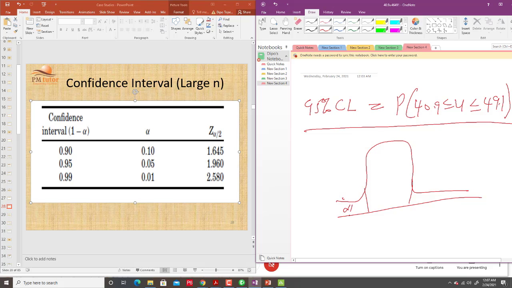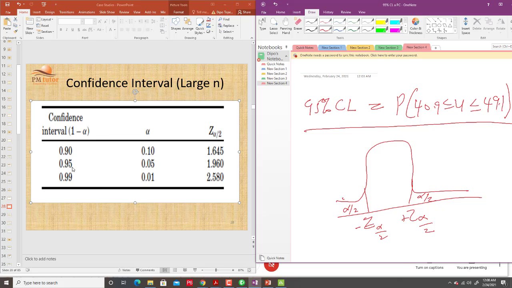So whatever alpha over 2 is will be the equivalent of Z alpha over 2. This will be minus Z alpha over 2, this will be plus Z alpha over 2, and you can put it back into the formula. You're supposed to know some of this so that you don't go back to your Z table in the exam. This will save you a lot of time.